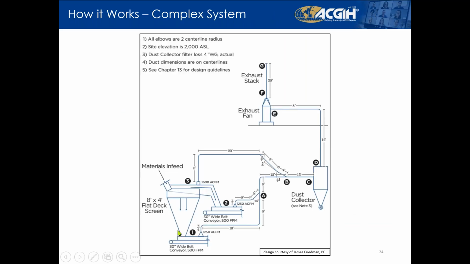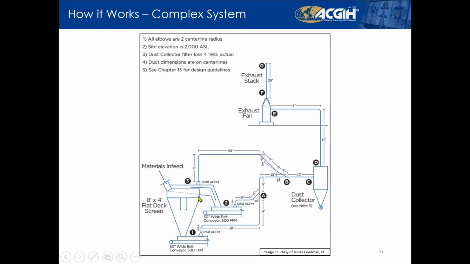Now, let's look at another example on a system where there are two more instances where the velocity pressure method for calculating losses really comes into play and makes life easier. In this example, we have a screening application where we have material dropping into a horizontal screen.